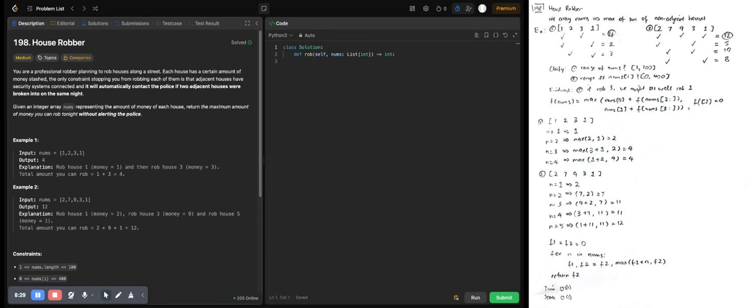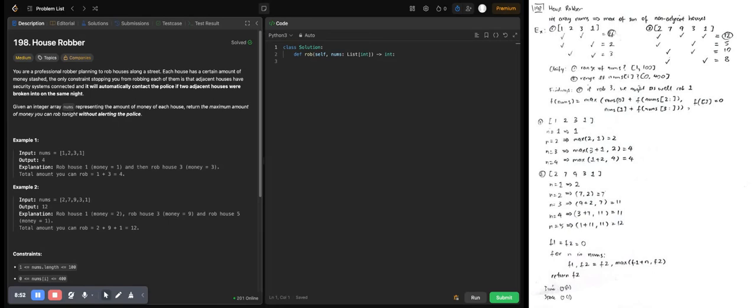plus f of nums from. Now we have robbed the first house, it means we cannot rob the second house. That would leave us the remaining after removing 2 houses from the front.